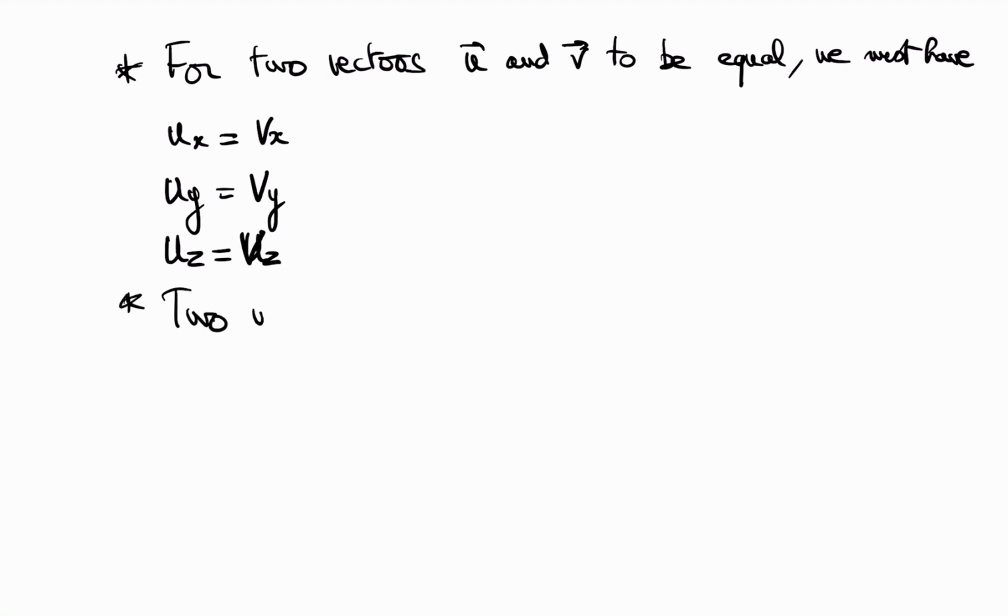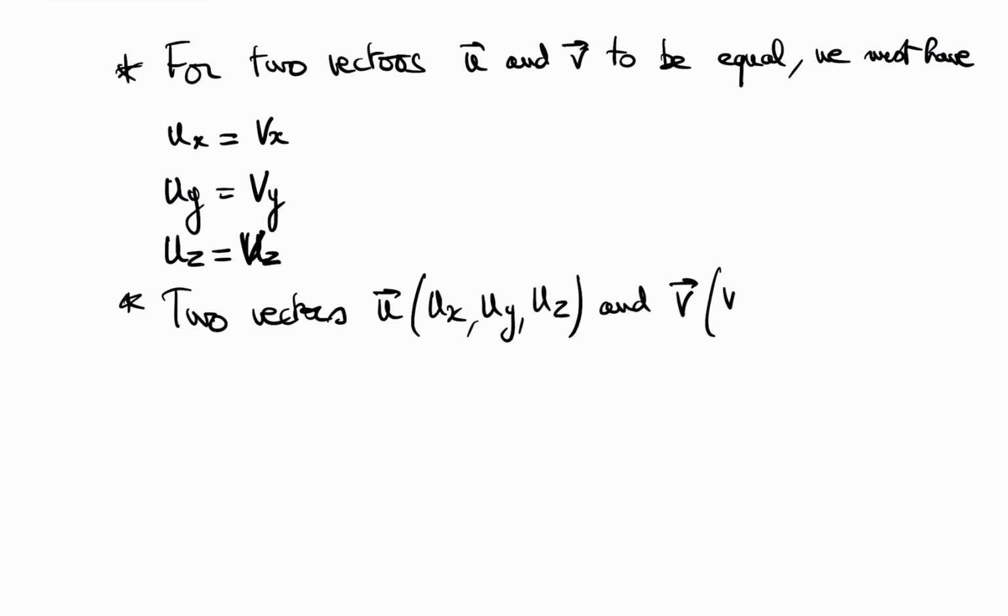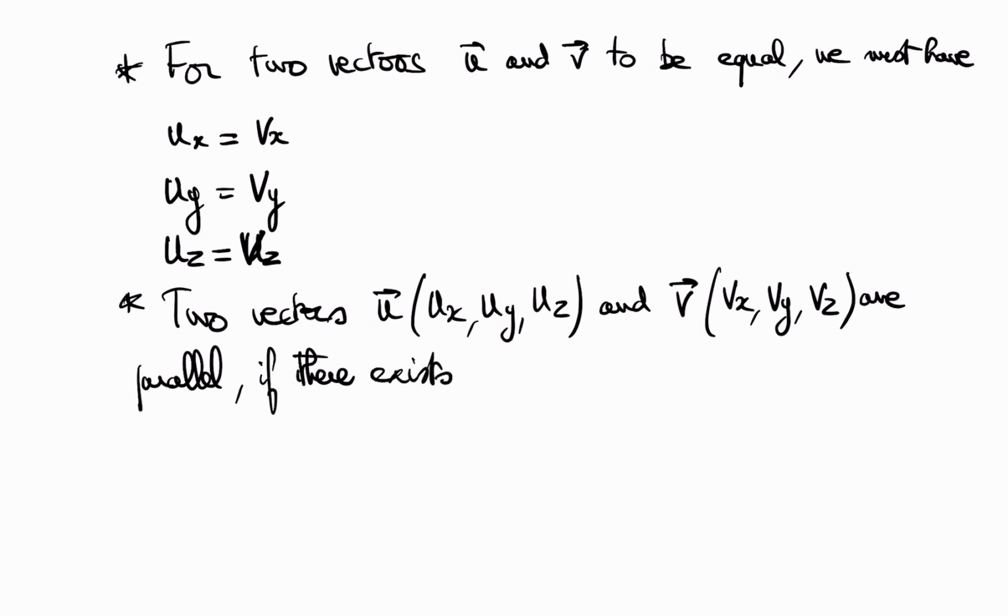Two vectors u, which is the same as (ux, uy, uz), and v, (vx, vy, vz), are parallel if there exists lambda belonging to R such that u is equal to lambda v.